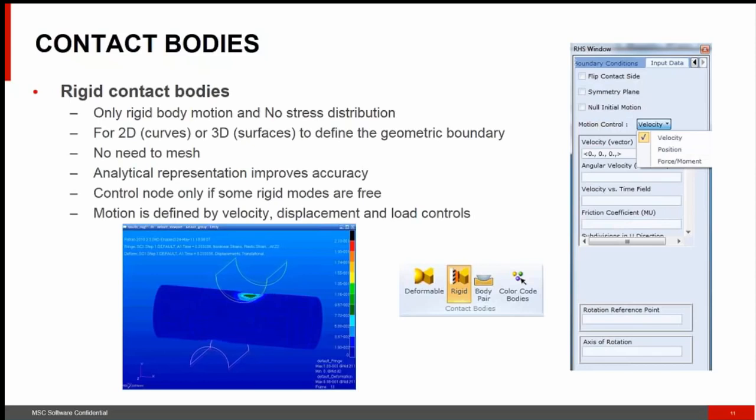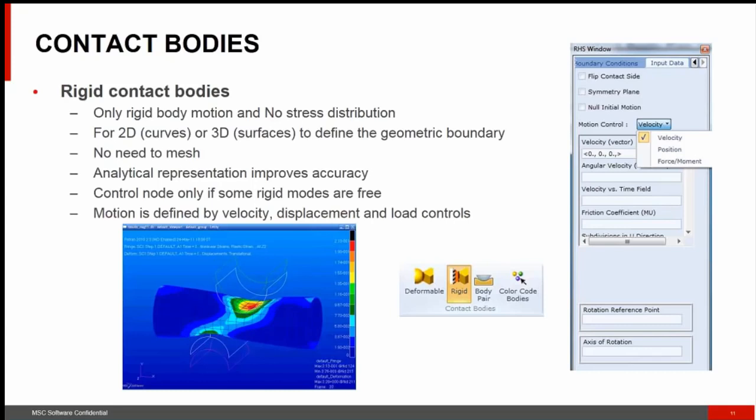These analytical methods are very advantageous because they lead to better accuracy in the representation of the geometry, especially when it comes to curved surfaces. So it gives you a better and more accurate calculation result, also a better representation of the surface normal.